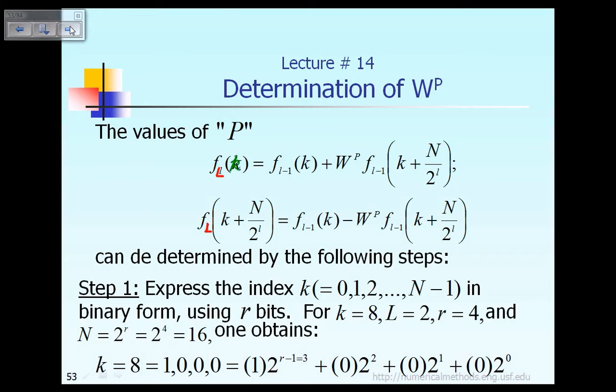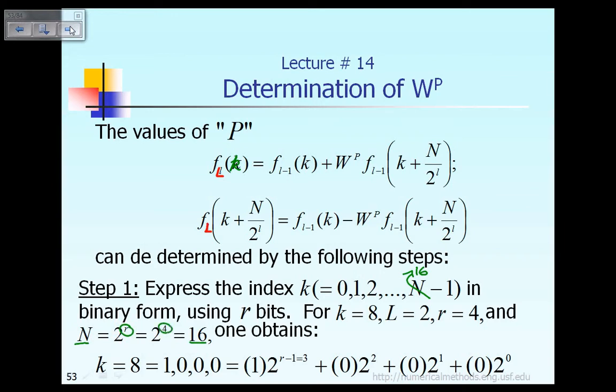Remember the example where capital N is equal to 16 data points, which corresponds to 2 to the power r. That means r must be equal to 4.